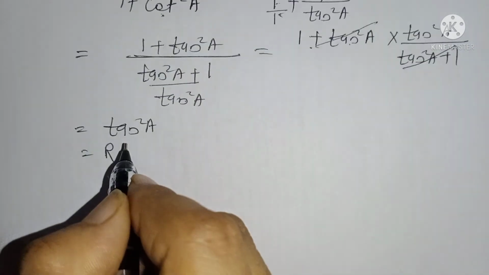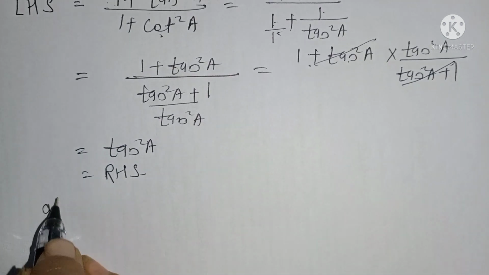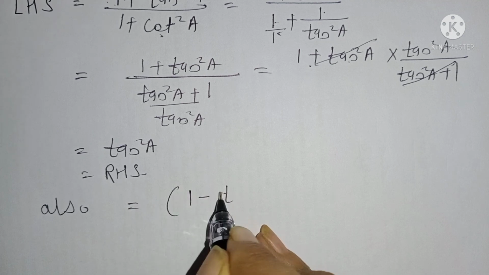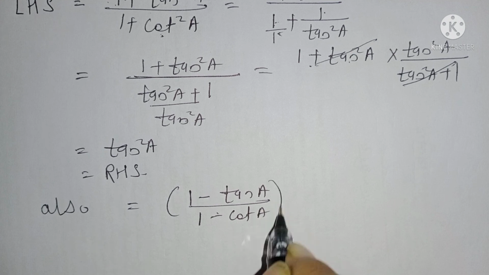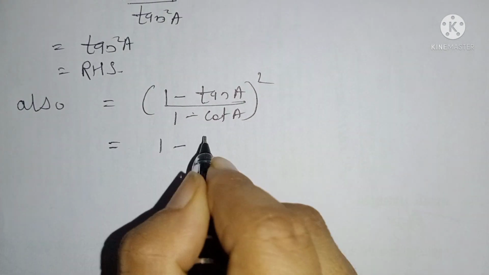Now also we have the middle term, which is equal to (1 minus tan A upon 1 minus cot A) whole square. Okay. So this can also be solved very easily.